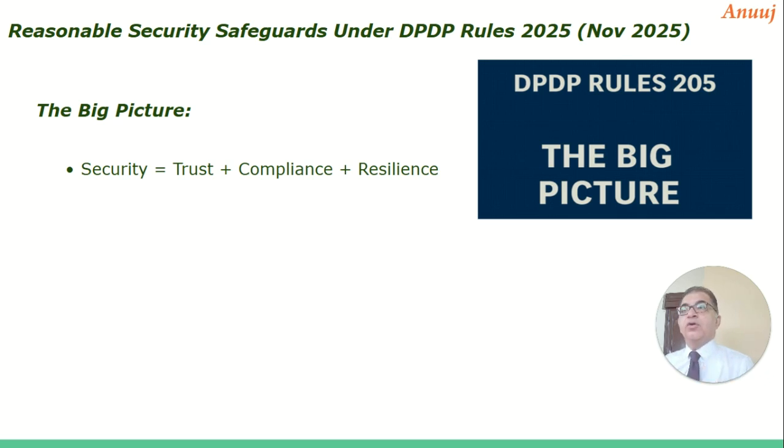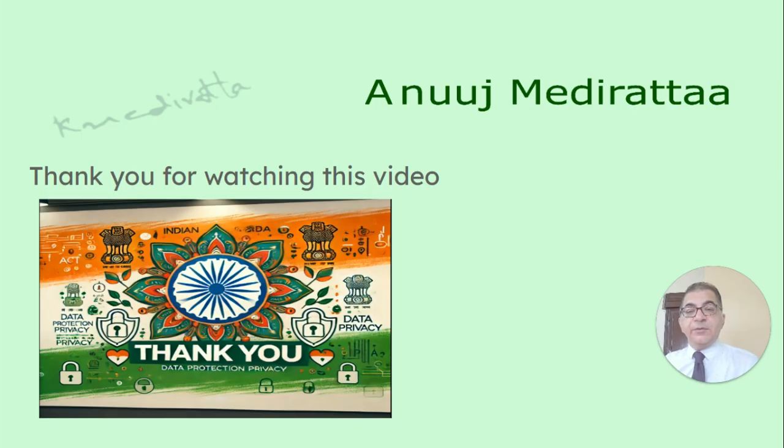Some are allowing you to even track their location when they are otherwise on holiday, because for a purpose, because they are expecting that you are not going to misuse their information, not even sell, and the information does not go out anywhere. You need to make sure that you maintain their trust so that they keep working with you in times to come. So that's about the reasonable security safeguards and the clauses that the DPDP rules has put in November 2025.